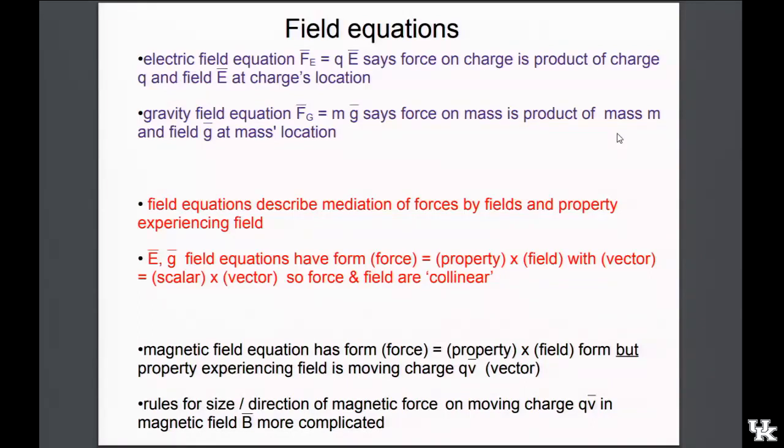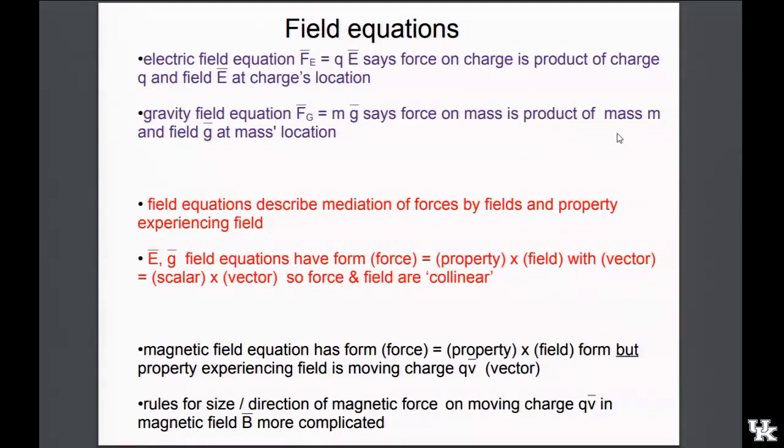Let me say a few general remarks about those field equations. So that's now moving on to the text in red. They're the equations that describe how the field works in mediating, conveying, carrying, transferring the gravitational and electrical force between masses or charges.